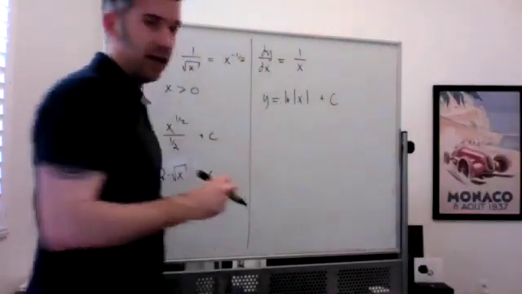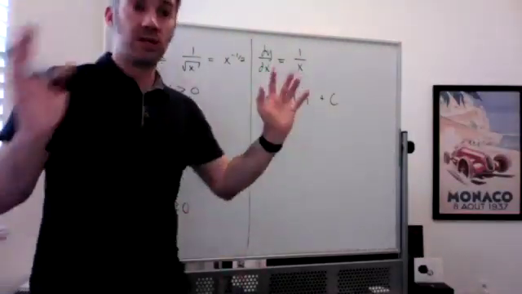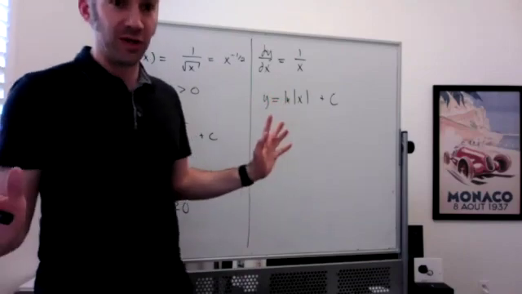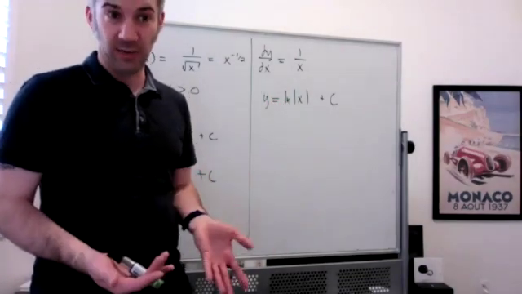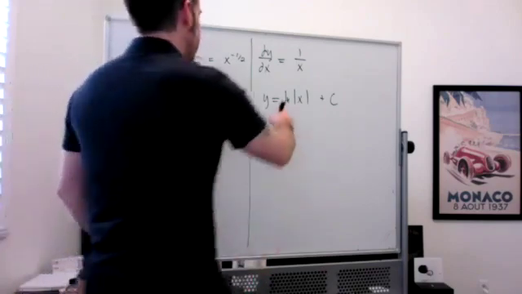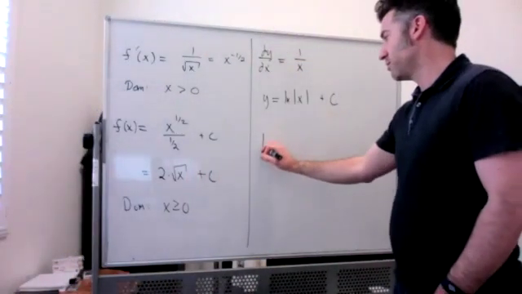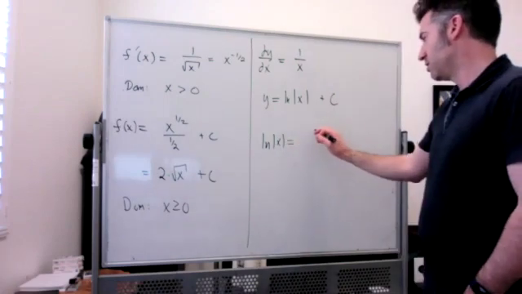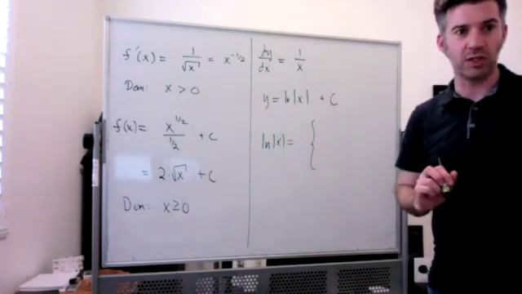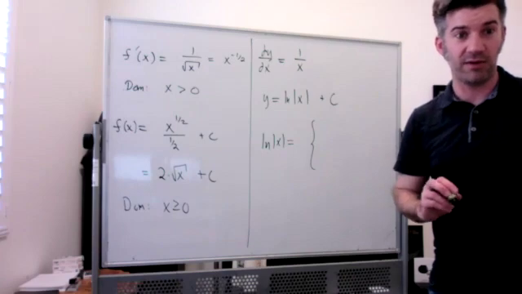So the problem with an absolute value, this is probably always true about an absolute value, is that the absolute value function is always a piecewise function. So this natural log of the absolute value of x is really two different functions depending on if x is positive or negative.